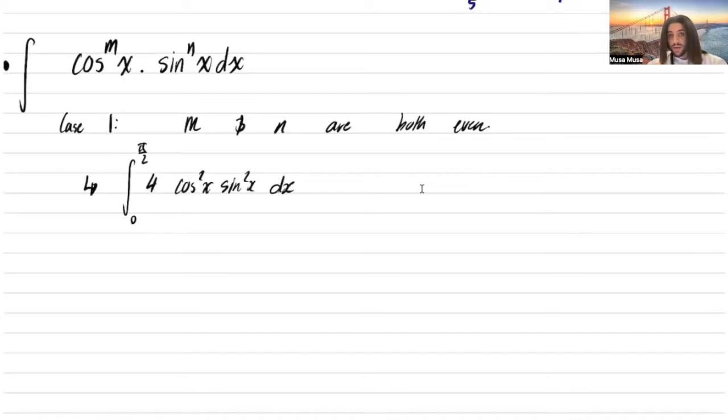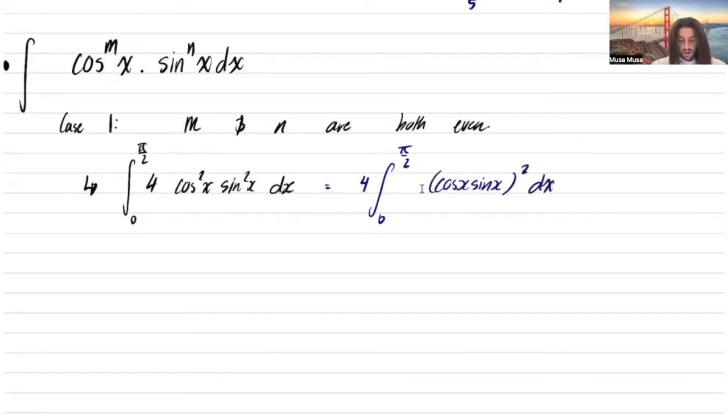Particularly when the powers are the same, we can rewrite this as, oh, you know, I'm going to take that 4 out. You'll see. I'm going to write this as cos x sine x squared dx.